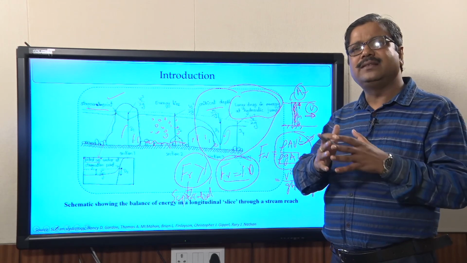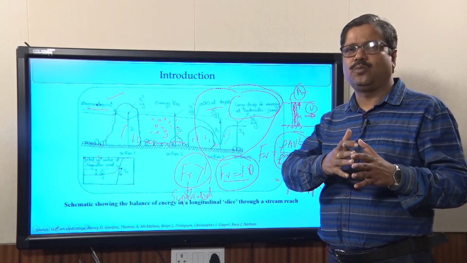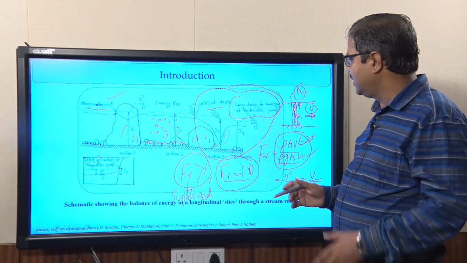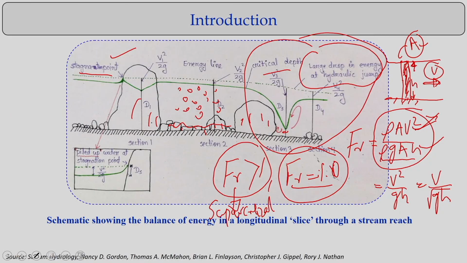During the transition from supercritical to subcritical, you will have hydraulic jump formations. That is the region where you will have a high dissipation of energy.